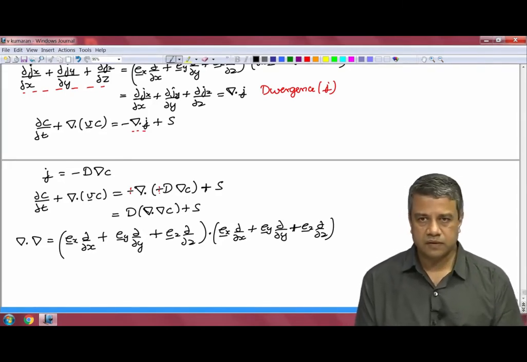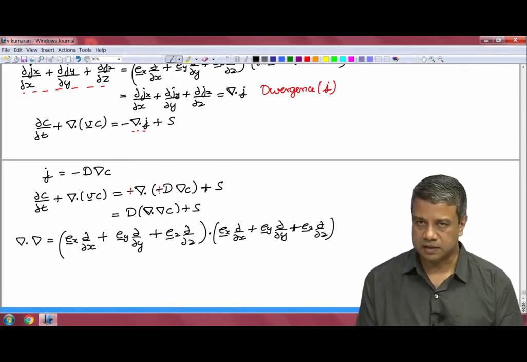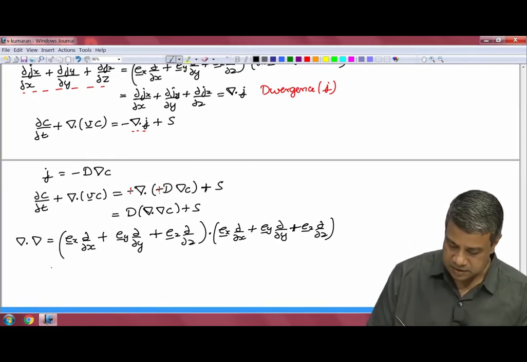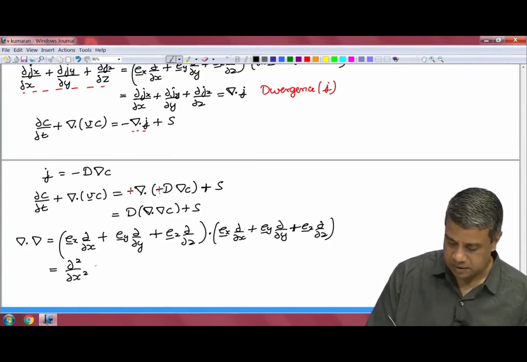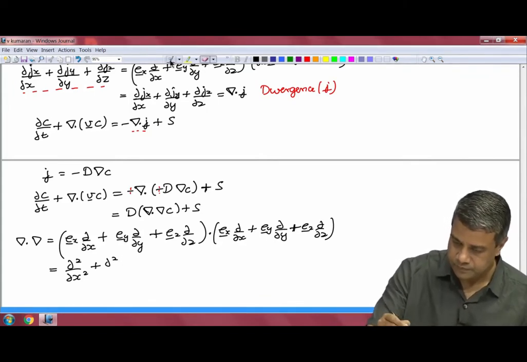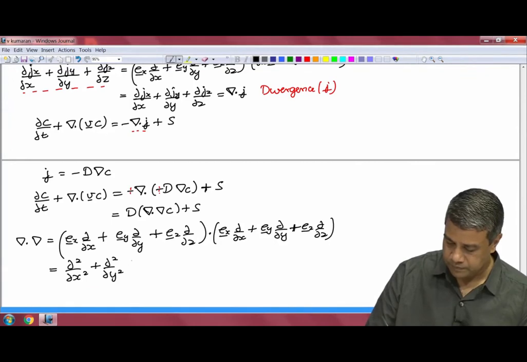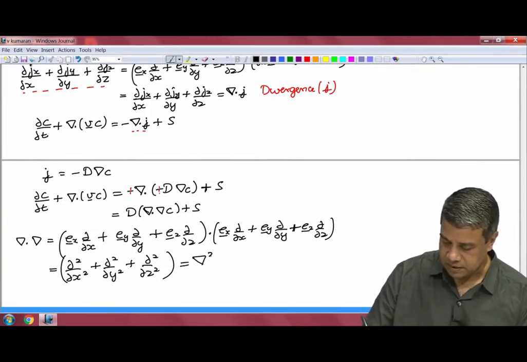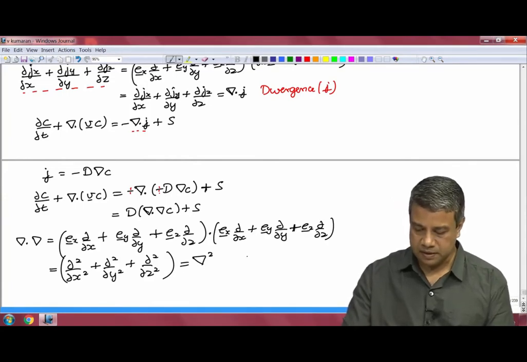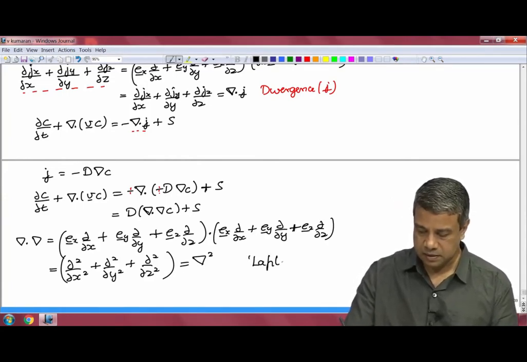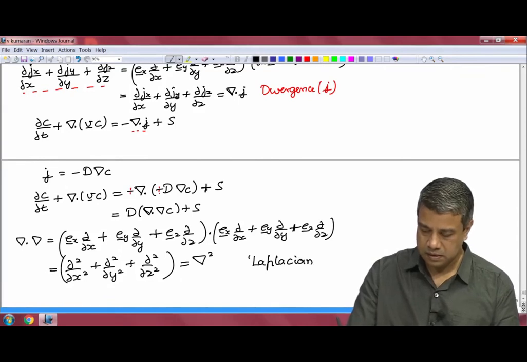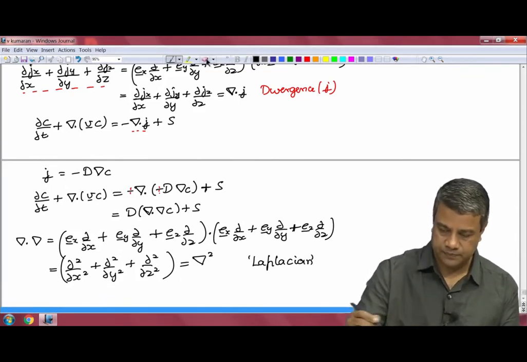The dot product of two unit vectors is 1 if they are the same and 0 if they are different. So, this is just equal to partial square by partial x square plus partial square by partial y square plus partial square by partial z square, which is often written as del square. Del square is an operator, it is called the Laplacian, the Laplacian operator.